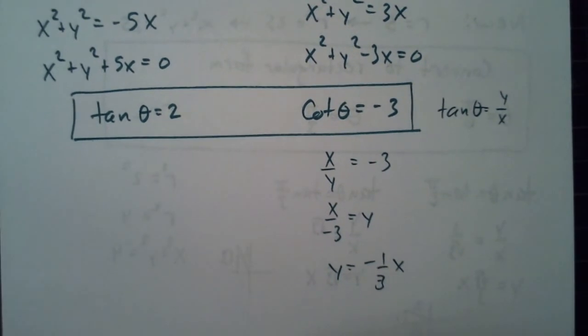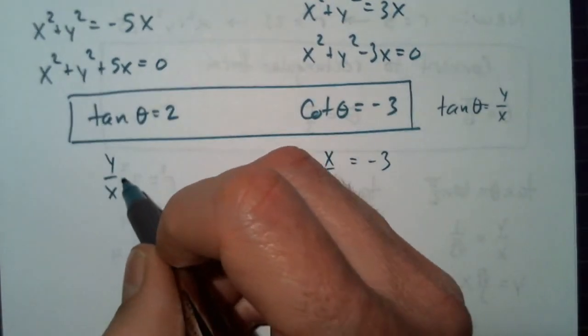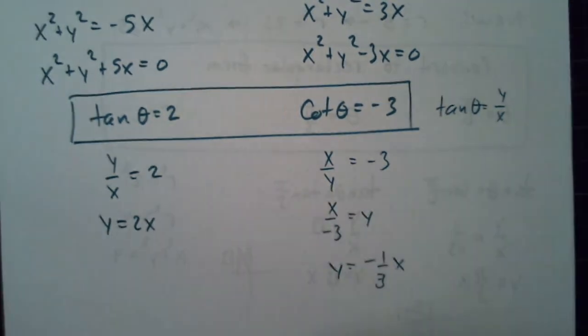And you try this one. Pause the video. Tangent is y over x, so y equals 2x.